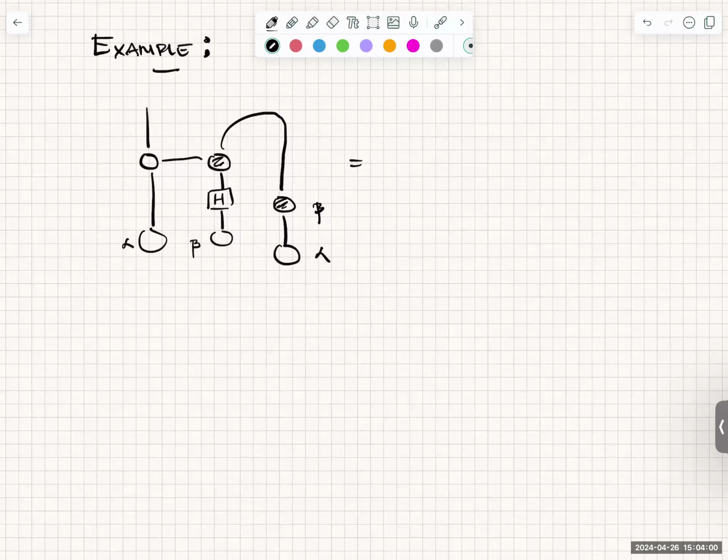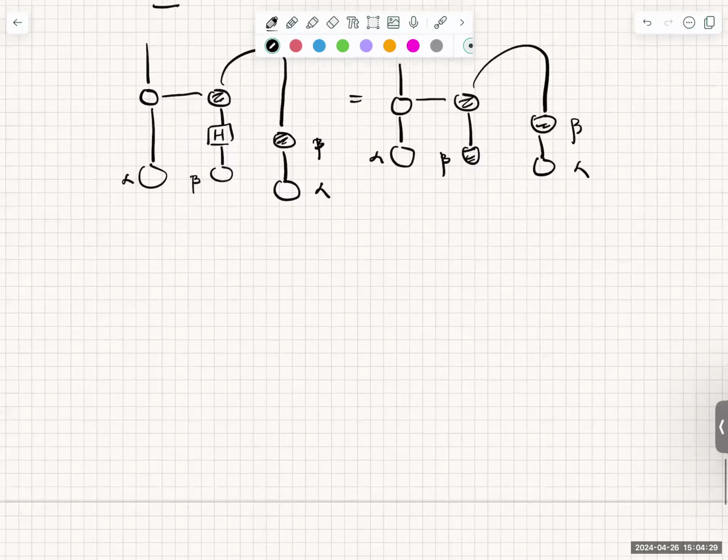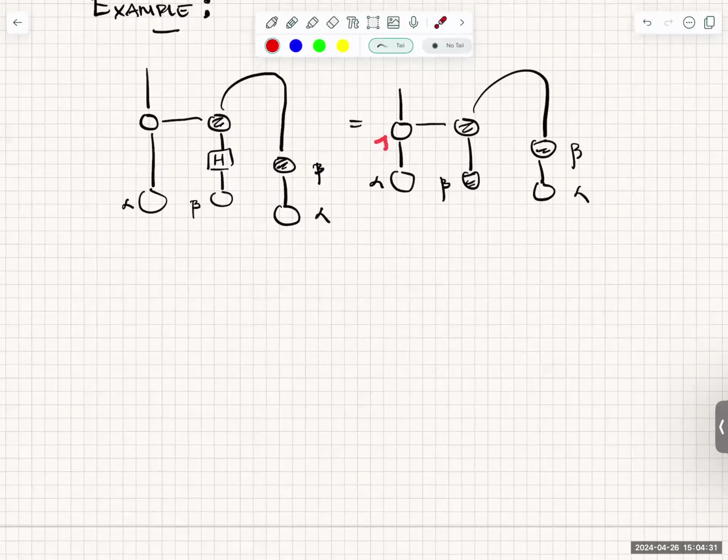First things first, I can flip this into a red color because of this combination with the H. So this will be alpha, beta, alpha. Okay, so now I can actually combine these two like so.